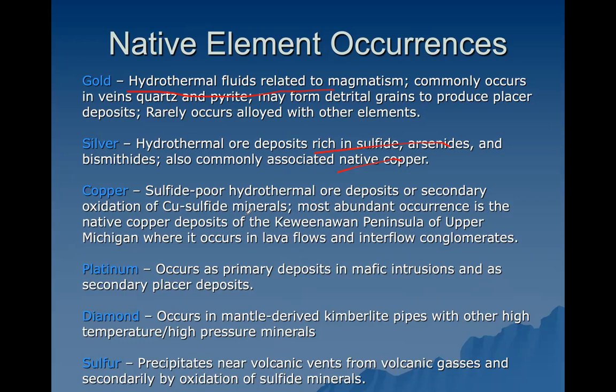Okay, so native copper is produced in such kind of situations. And then platinum, it's a PGE metal, an inert metal. Sometimes we call it inert metal or non-reacting metal as well, right? Like inert gas, right?